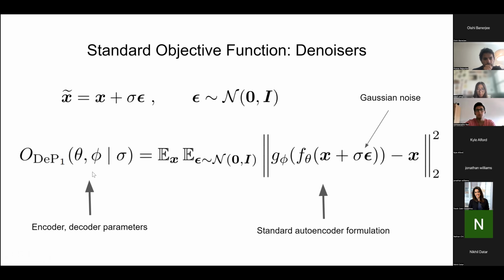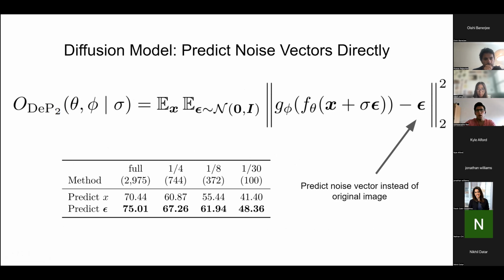Another thing I want to quickly touch on before getting into this paper's specific implementation is the idea of a diffusion model. In this case of denoising, instead of predicting the actual original image without the noise, they're predicting the noise vector directly.